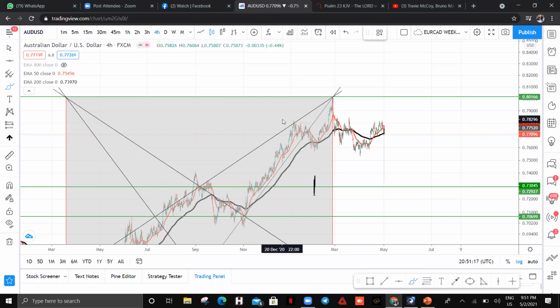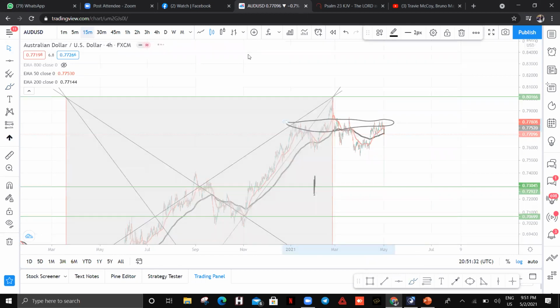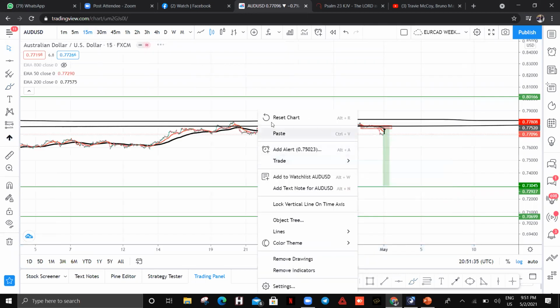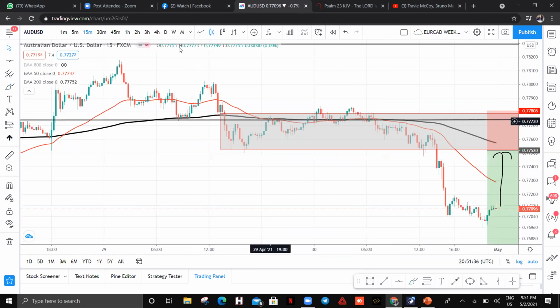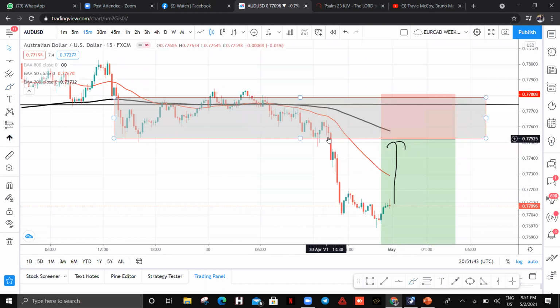You can see this place, the price reacted here because there's a mini resistance there. So when I saw this, I went to 15 minutes. Even though I can't see it, I know that yes, price actually reacted on the ceiling over there. And you can see the consolidation that happened here and the breakout.